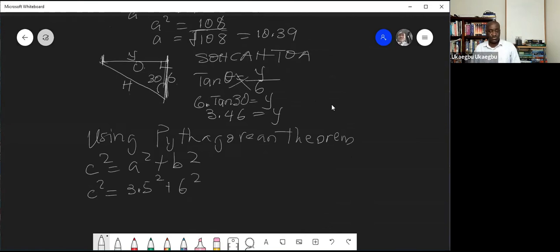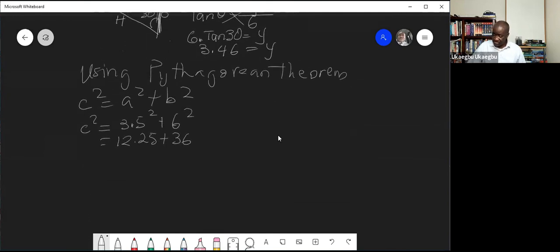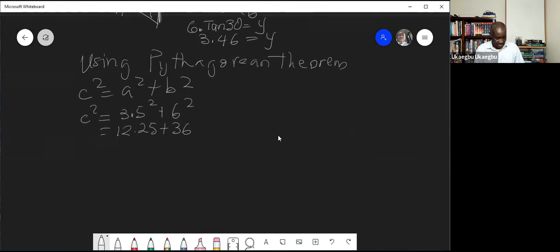So 3.5 squared is what? 3.5 multiplied by 3.5 is 12.25. 12.25 plus 36, you add it together, gives you 48. So c squared is 48 what? 0.25. So c is going to be square root of 48.25.